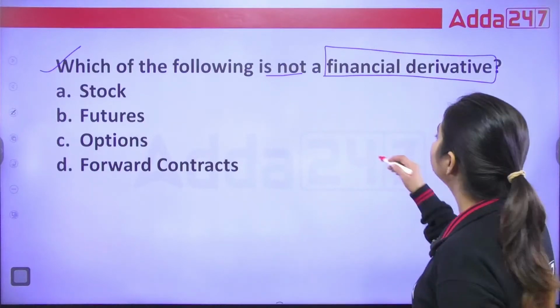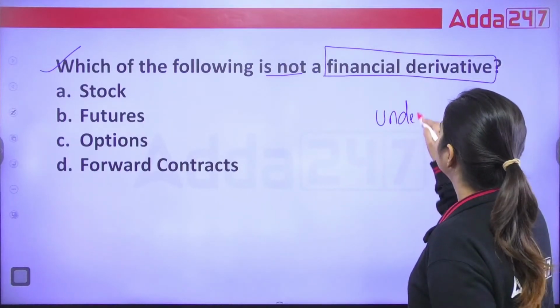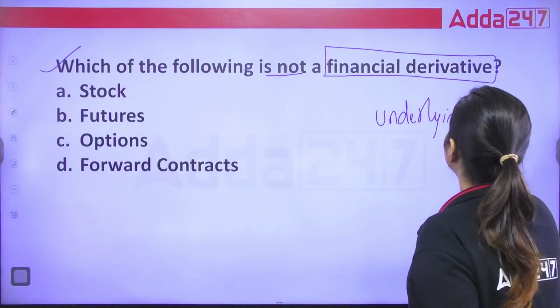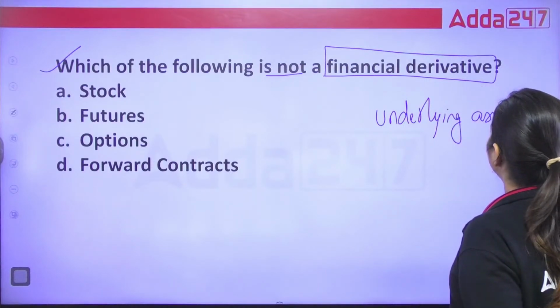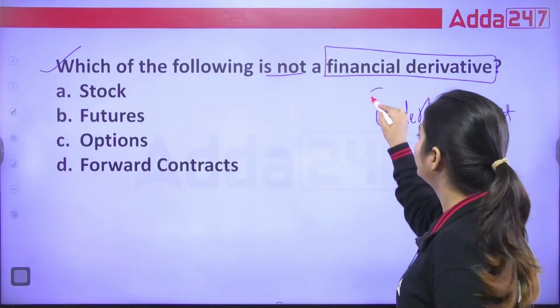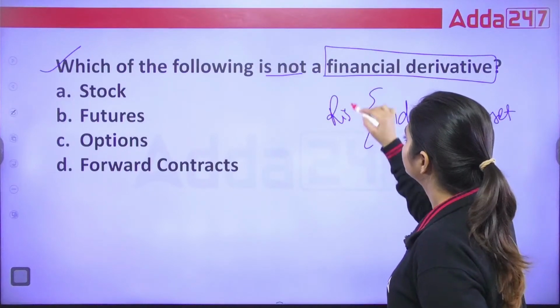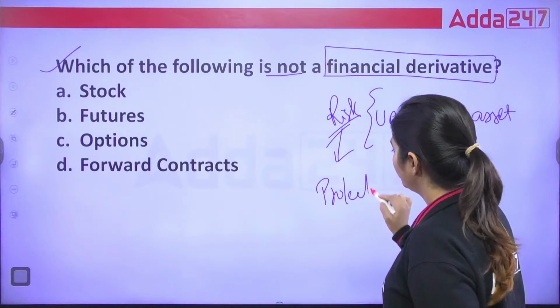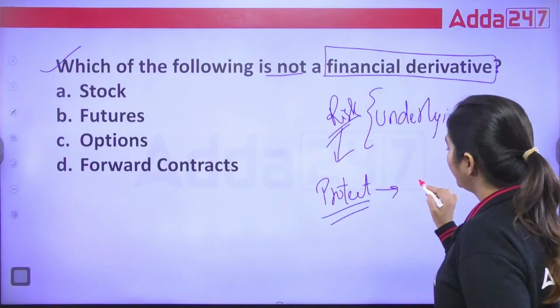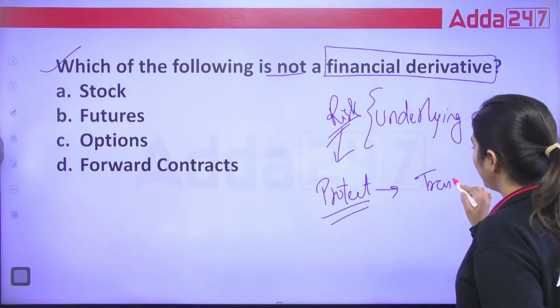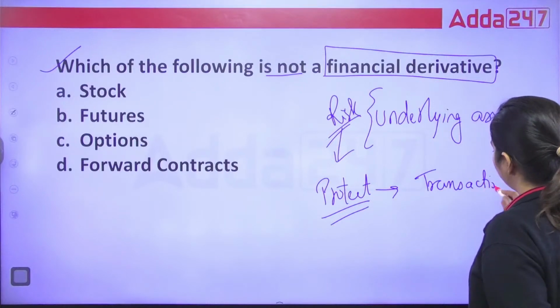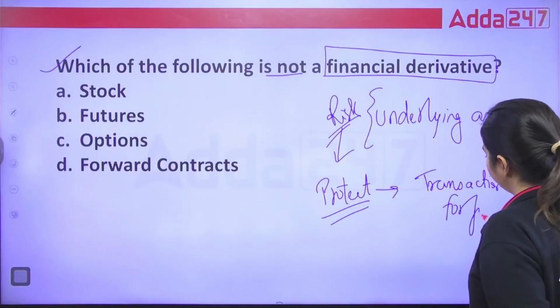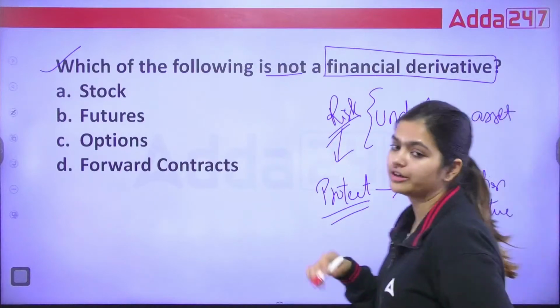Derivative means we have some underlying asset for which we are having some risk. For protecting this risk, we enter into some transaction for the future, to protect that particular risk.